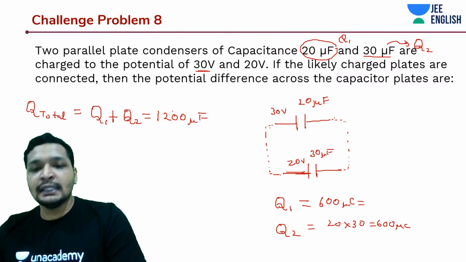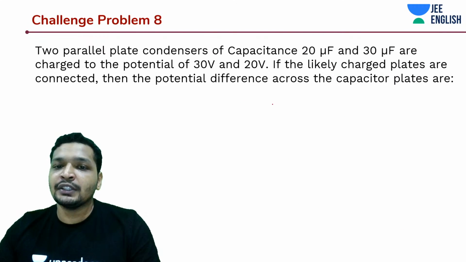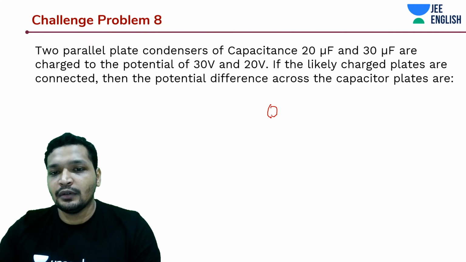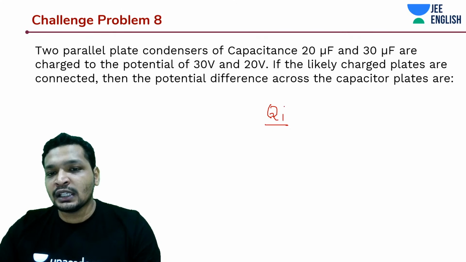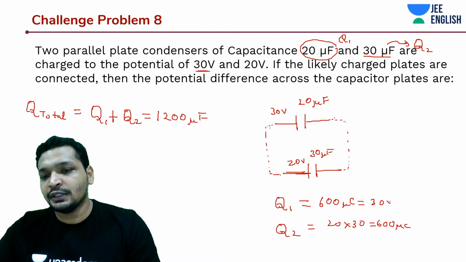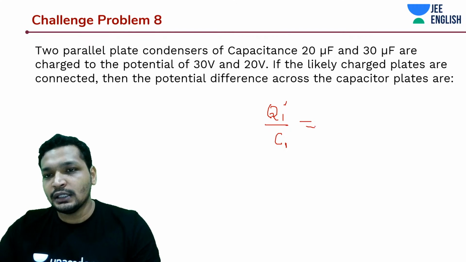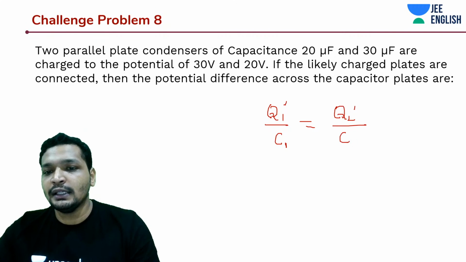Now forget this point and let's come to the next point. The potential on the plates should be equated. I'm going to call this Q1 dash. Earlier I was calling this Q1, now I'm going to call it Q1 dash. Q1 dash by C1 is equal to Q2 dash by C2.